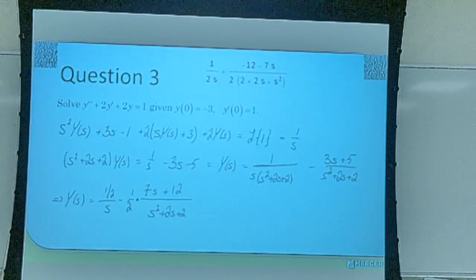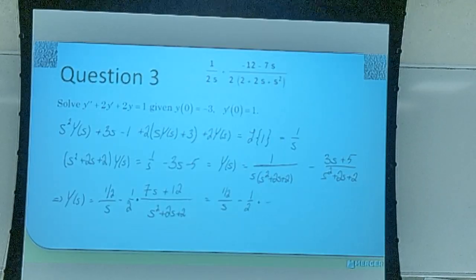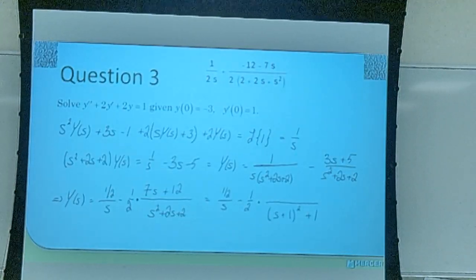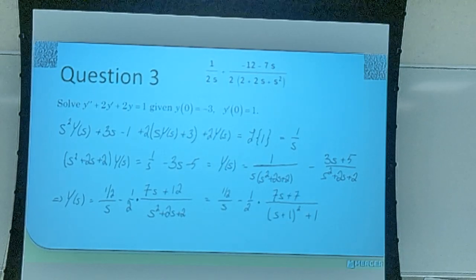Now we're going to have to complete the square on that, aren't we? Should just be s plus 1 quantity squared plus 1. And then write 12 as 7 plus 5.